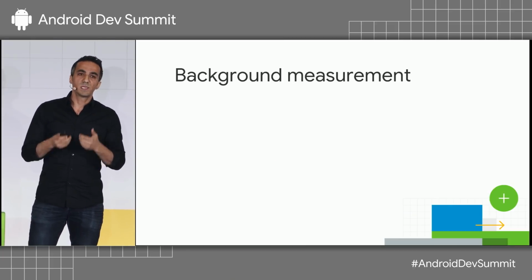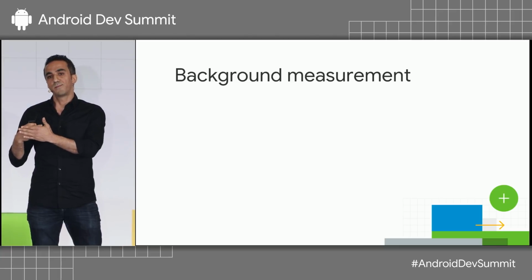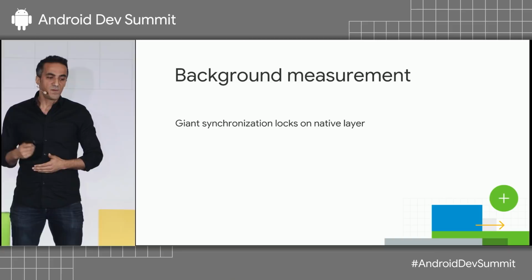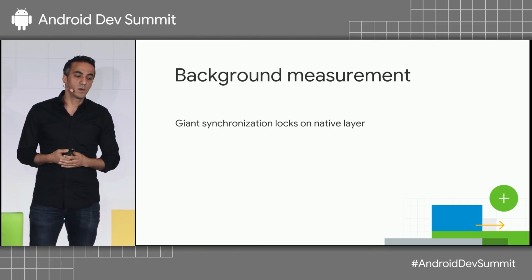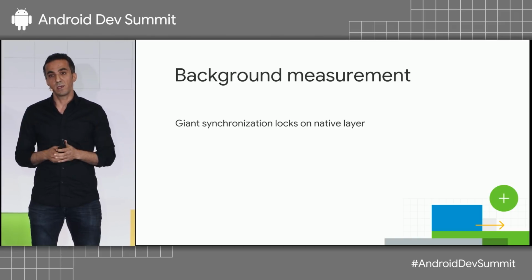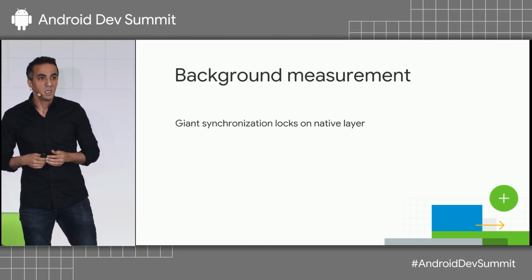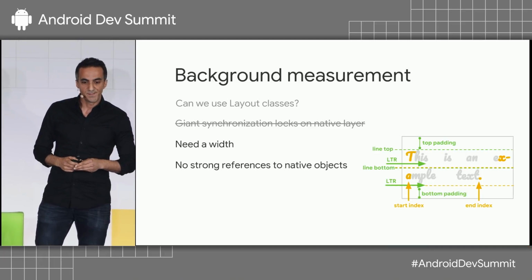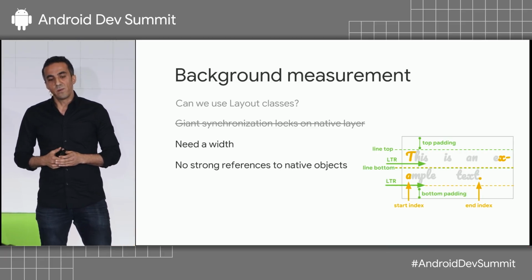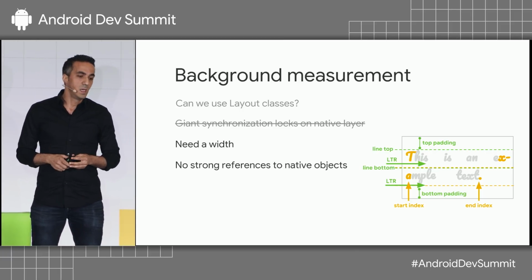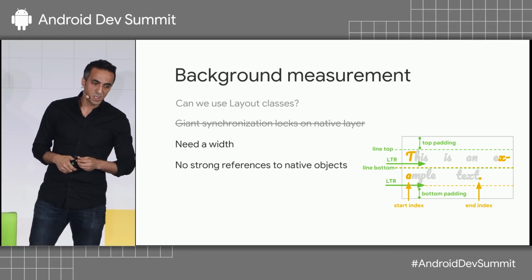So the next question is, if we were to move this expensive measurement to a background thread, what would we need? The first issue we encountered was that before Android P, the native code was acquiring giant synchronization locks. And we fixed it on Android P. We made the locks smaller. Then we wondered, can we use the existing layout classes for such a goal? And there were two important issues at that point.